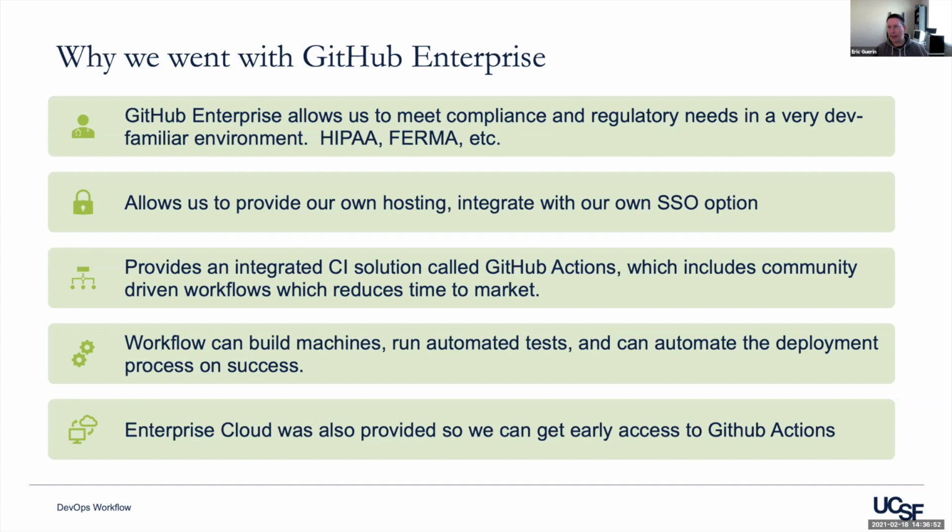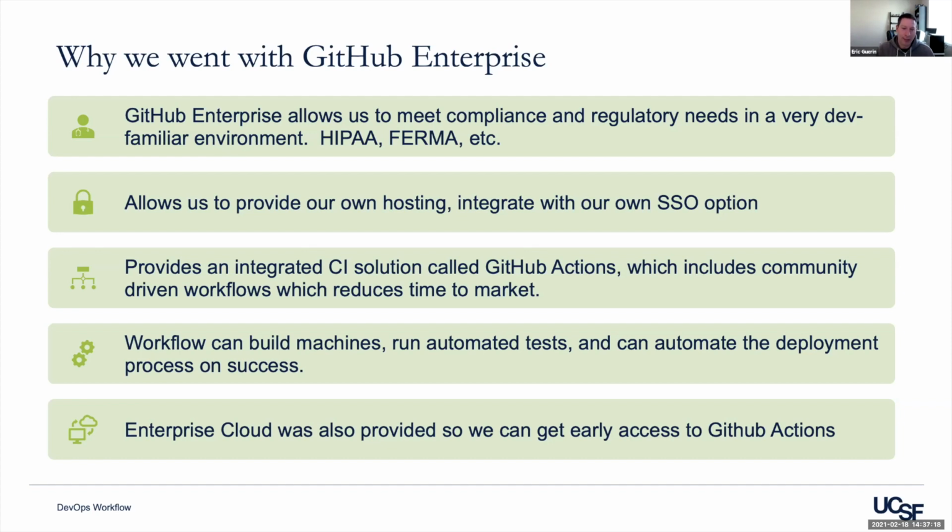So we can really lock things down. The other benefit is that we also receive the enterprise cloud option. So we have a bundle where we have GitHub Enterprise, which is the on-prem version, and then we have GitHub Cloud, which is basically the version that you're used to, the version that's online.